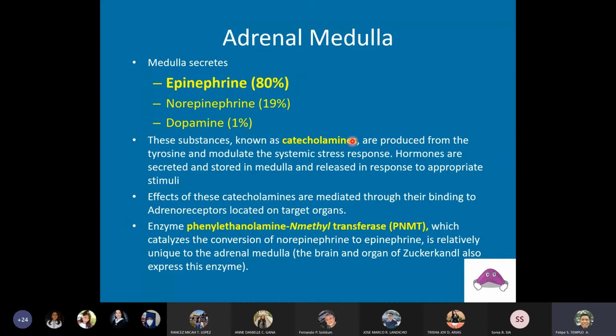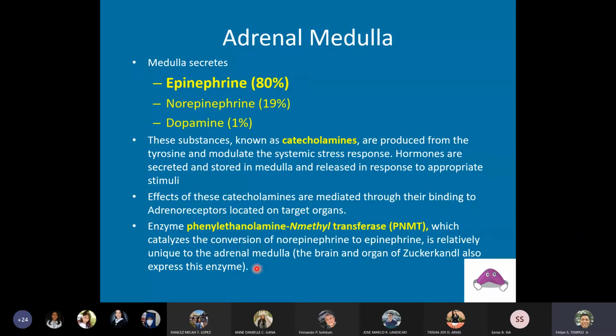They are produced in response to stress, systemic stress. So take note of this enzyme, PNMT, phenylethanolamine N-methyltransferase. This is almost unique to your adrenal glands, especially the adrenal medulla, and this catalyzes the conversion of norepinephrine to epinephrine.